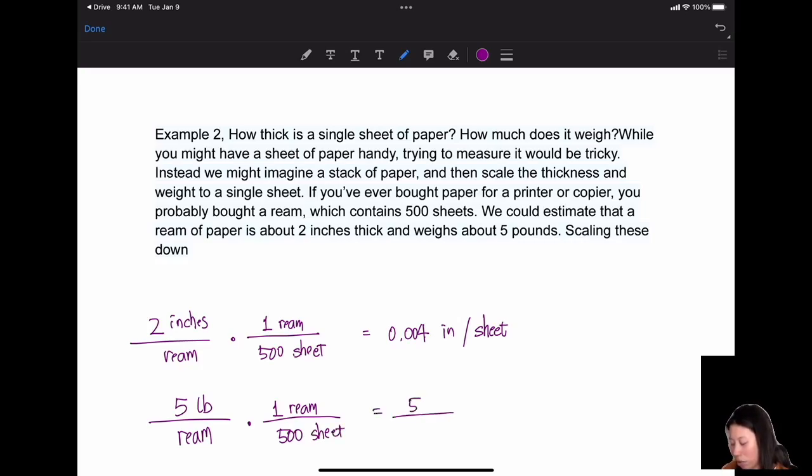Then I have 5 over 500 pounds per sheet, which is 0.01 pounds per sheet.